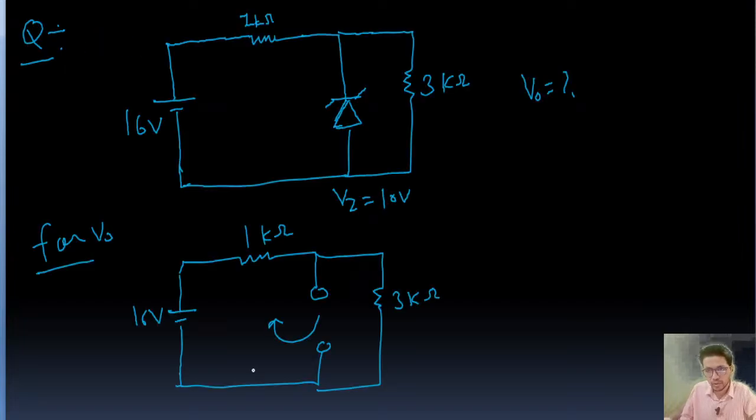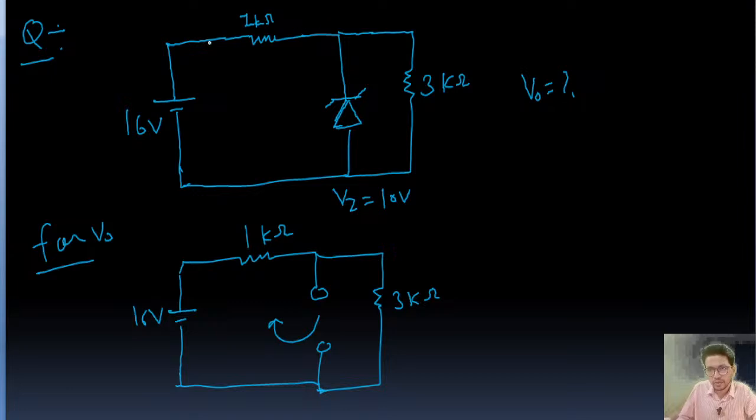By KVL, this is going to be 16 minus 1 into I, let the current be I. This is IS, guys, this is IZ, and this is IL.